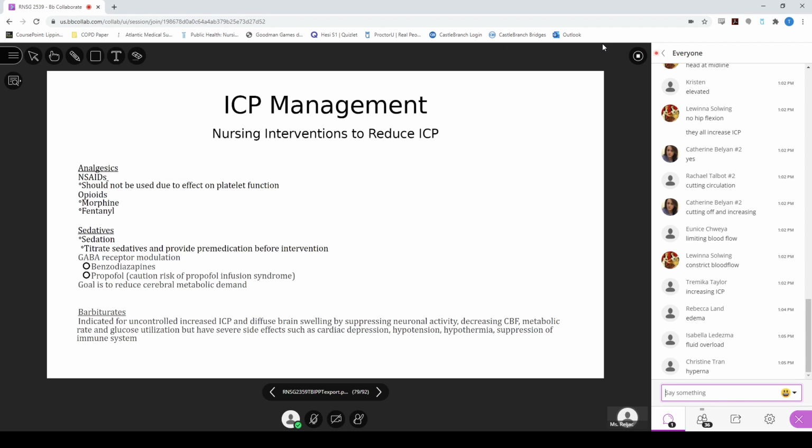That cerebral blood flow they decrease, the metabolic rate decreases, and it's helpful with glucose utilization. But cardiac depression, there's a lot of cardiac symptoms. Hypotension can happen with it if it's given too often or in a large amount, hypothermia, and it suppresses your immune system.